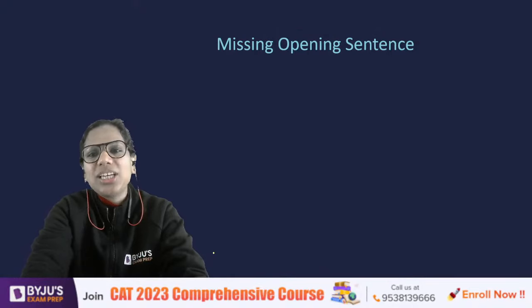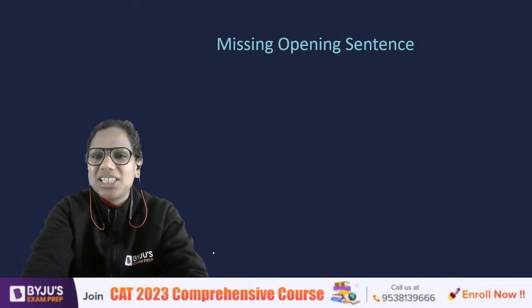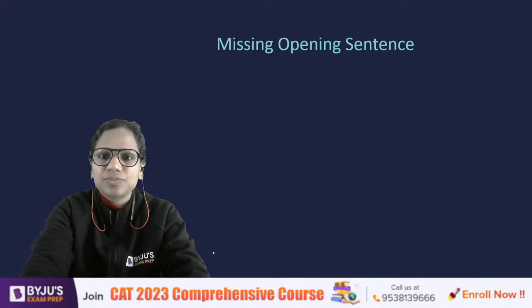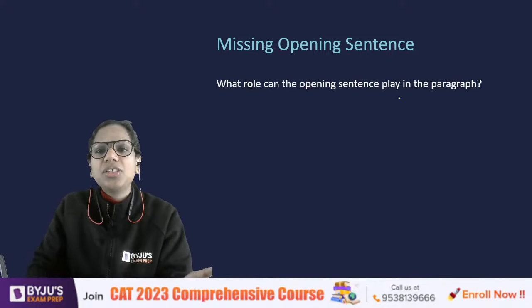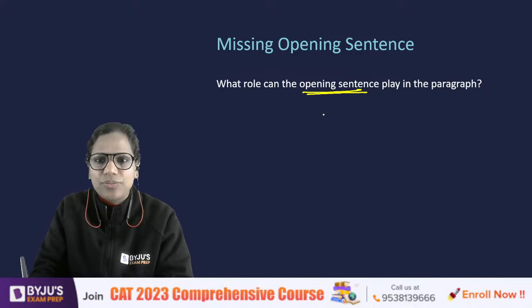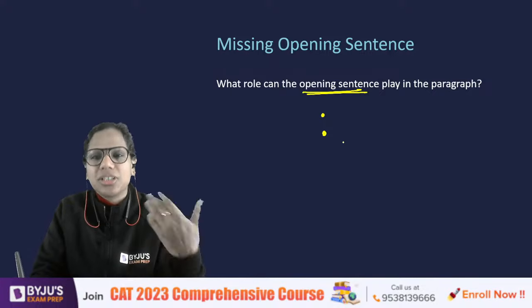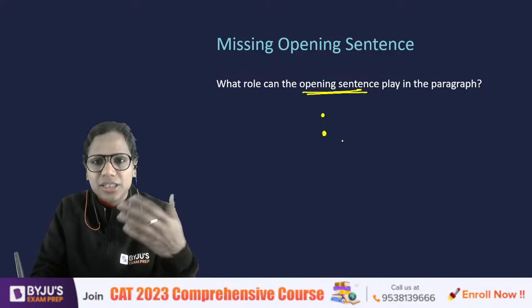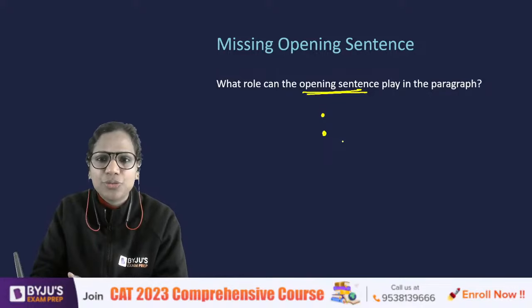Okay. Now the easier question types, the missing opening sentence, missing middle sentence, they tend to be relatively easier. Why? Because what role can the opening sentence play in the paragraph? It can be in the nature of a definition. It can be in the nature of an introduction, which has then been explained, treated, elaborated throughout the paragraph.